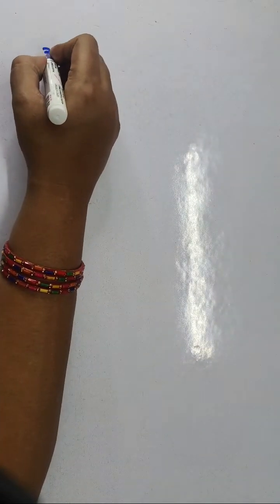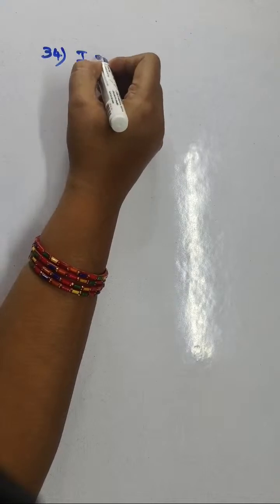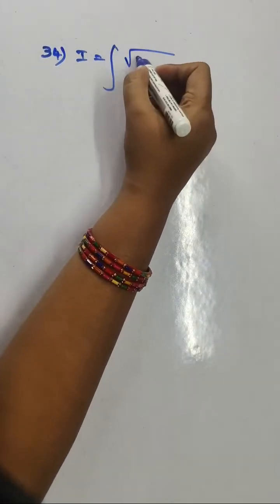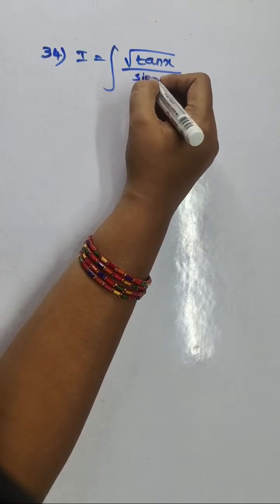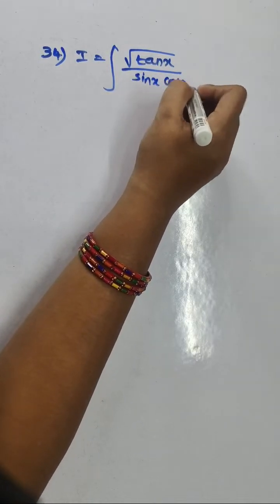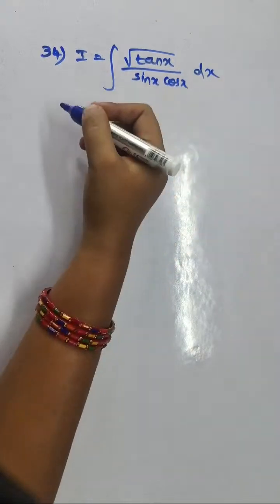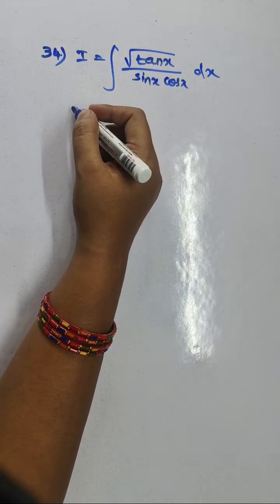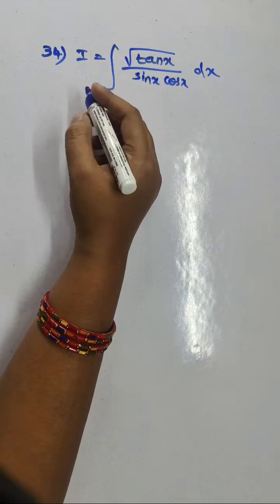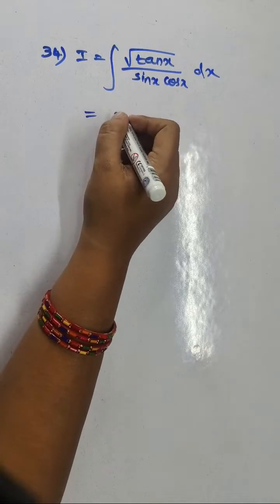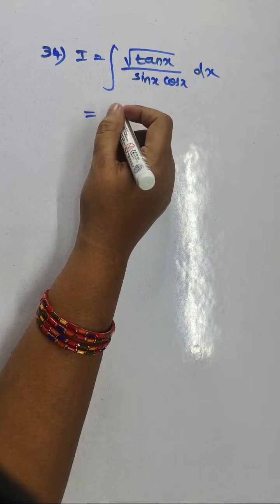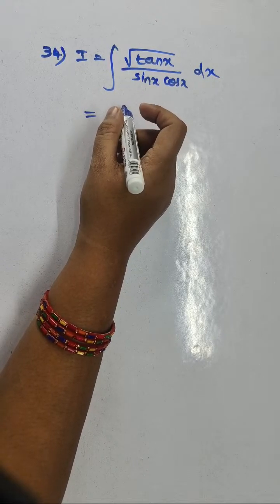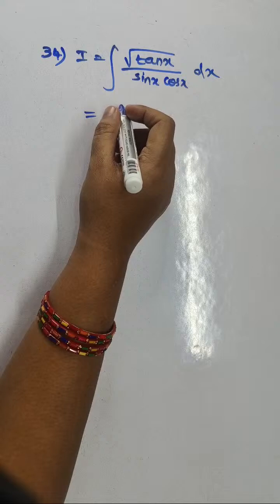Question number 34. I equal to integral root tan x by sin x cos x dx. What can be done? How can we integrate?